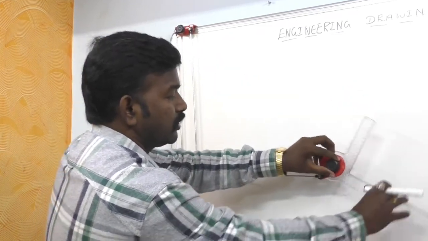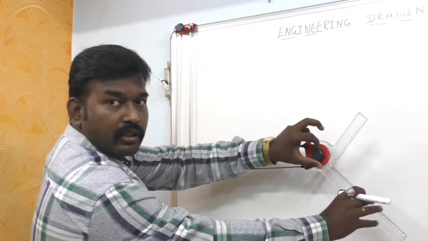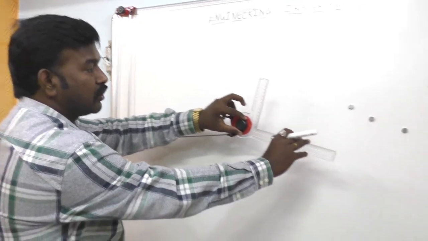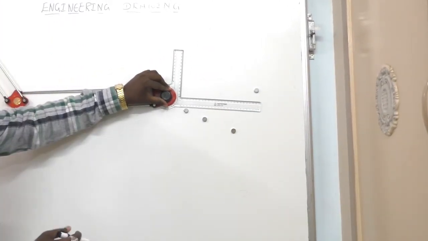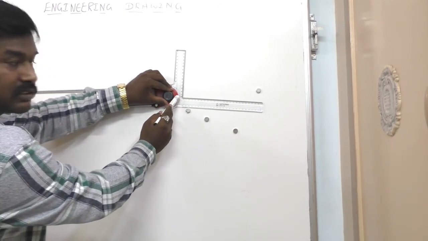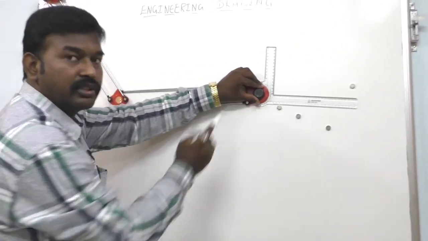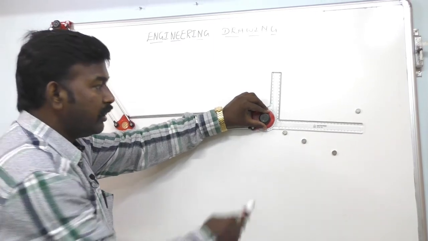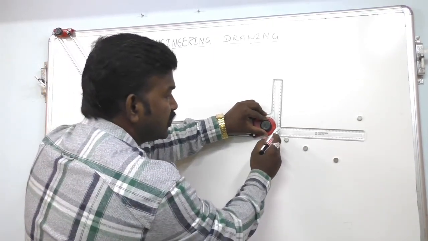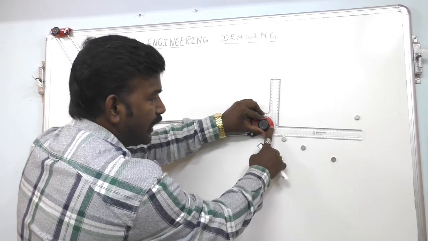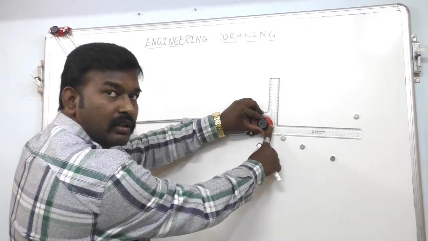This knob is used to release or tighten the scale. Here one line is there, and that line represents 0. If there is any error in the drafter, that 0 does not coincide with this line. Here you can clearly observe the line.